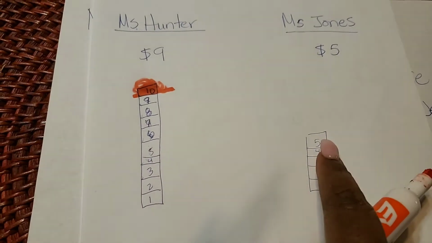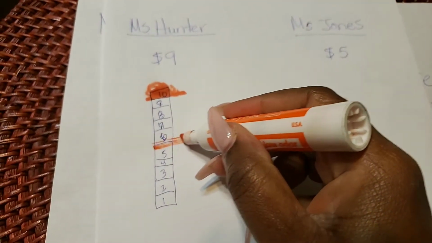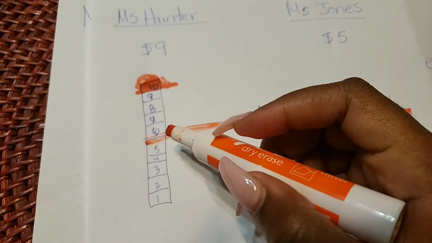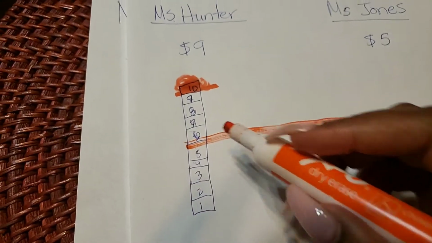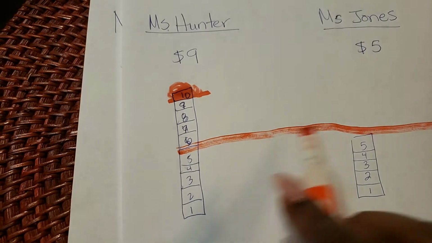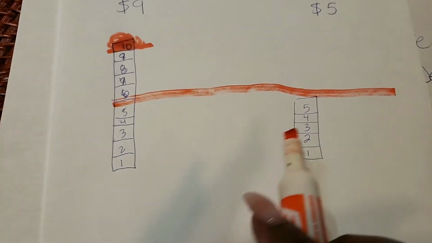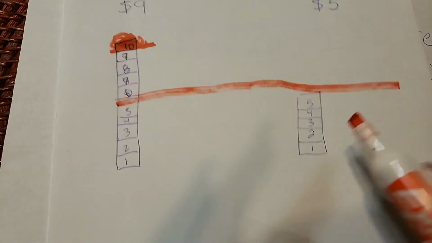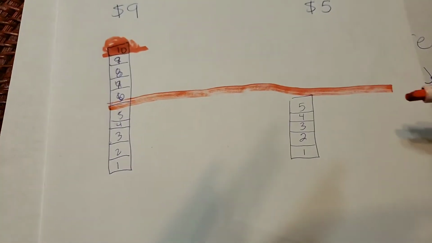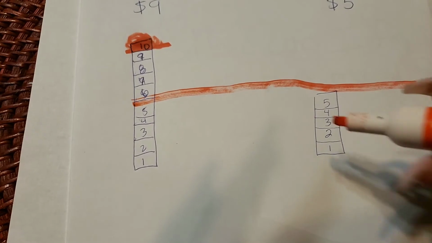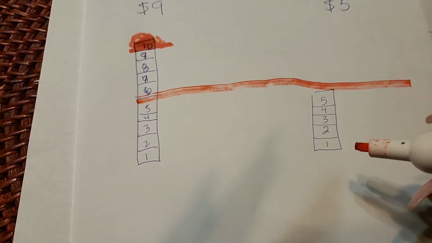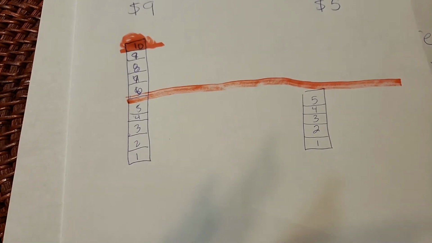I have 5, she has 5, and I figure out how many I'm going to take away that's the same across both groups. So what's the same across both groups? I have 5 right here. Miss Jones has 5 right here. So the same amount that we have across both groups is 5. What's the amount we have across both groups?